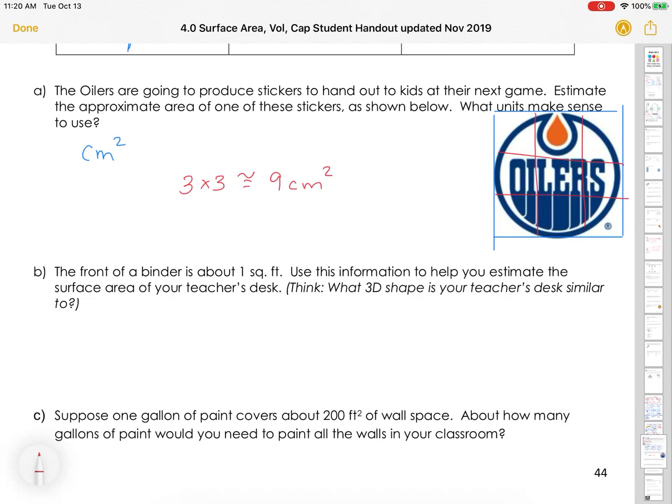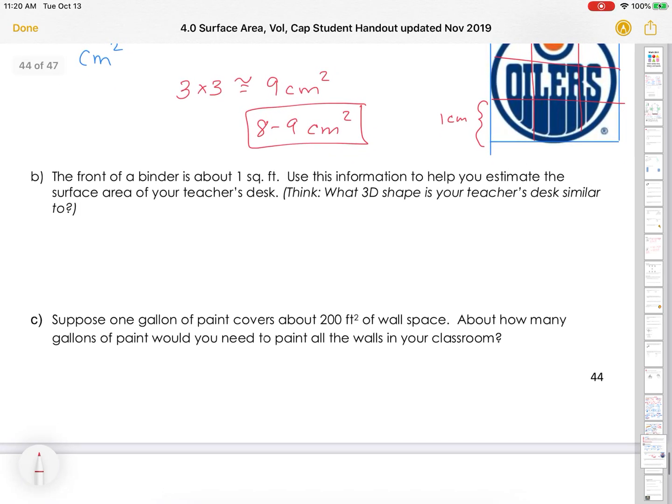It might be a little less, might be a little more, but I don't think more, I think more would be kind of big. So maybe we say it's like 8 to 9 centimeters squared. It's an estimate, but thinking about what units make sense. If each of these is 1 centimeter, 3 centimeters is a good fit, okay?